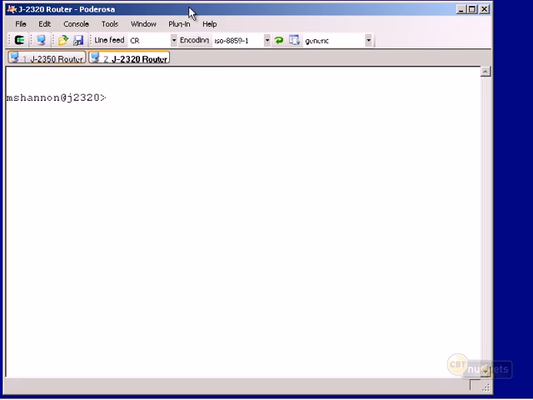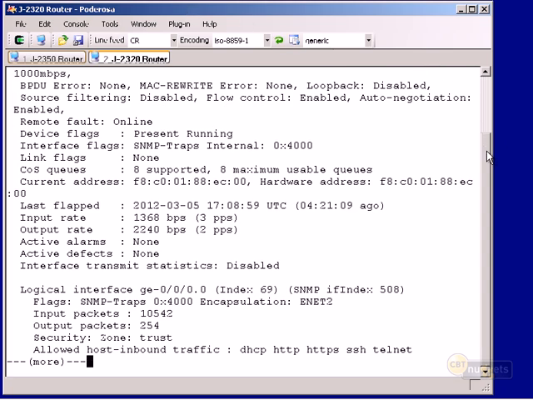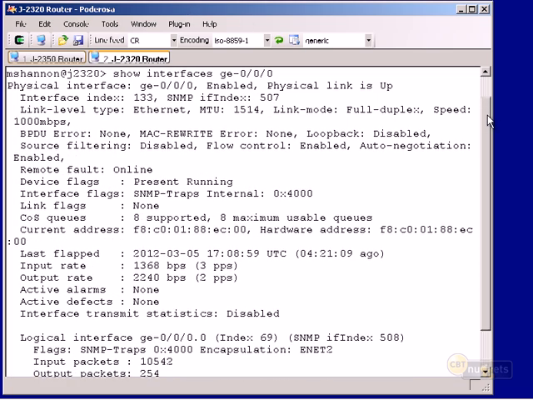On the 2320, let's go ahead and do a show interfaces, and we'll say ge-0/0/0 on this router. Something to understand also is that there are different types of properties for an interface. For ge-0/0/0, I can have physical properties and I can have logical properties.